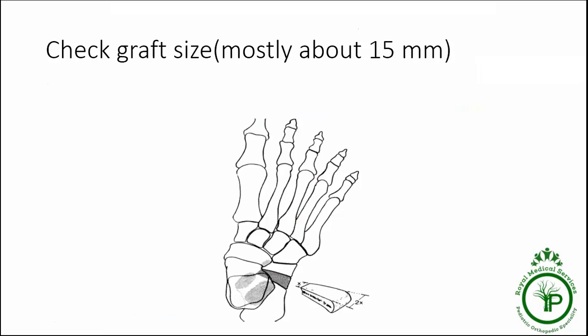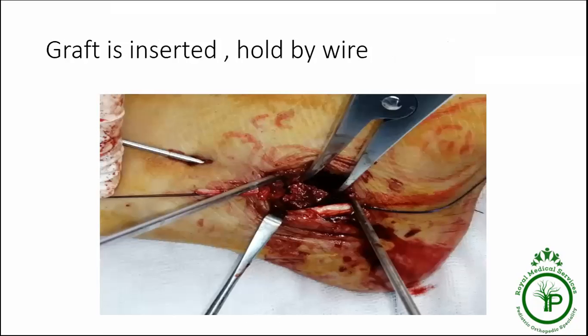Then we use bone graft harvested from the iliac crest. It's about the same size as the osteotomy, about 15 millimeters, trapezoidal in shape. And we fix this graft in situ using the K-wire, which is the same one that we use for the calcaneocuboid joint reduction.